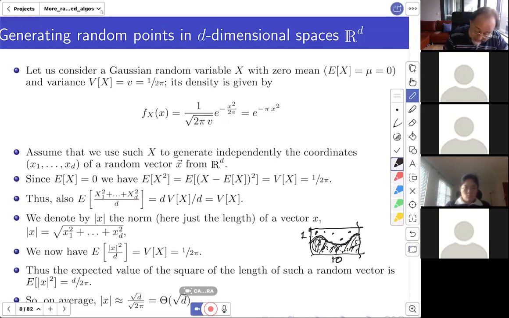Okay, so at the moment, what we just discovered is if you have a vector space of dimensionality 100,000, say, and you generate using a Gaussian a random vector by randomly generating its coordinates using the Gaussian, right?